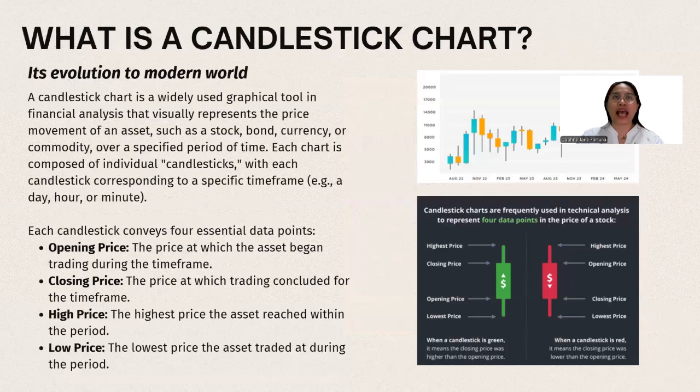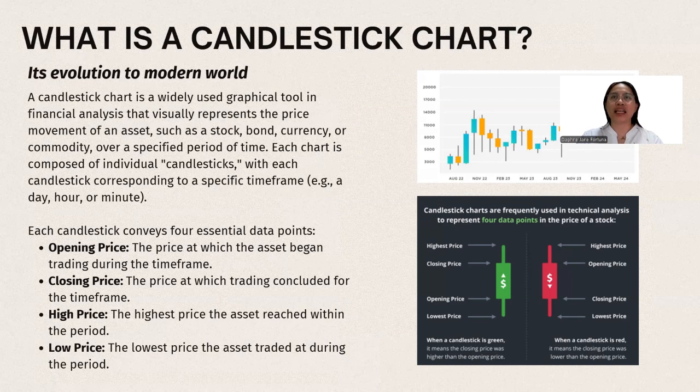Now, what is a candlestick chart? From its rich history dating back centuries ago, the candlestick chart has evolved into a widely used financial tool for visualizing an asset's price movements over specific time frames, such as a day, hour, or minute.